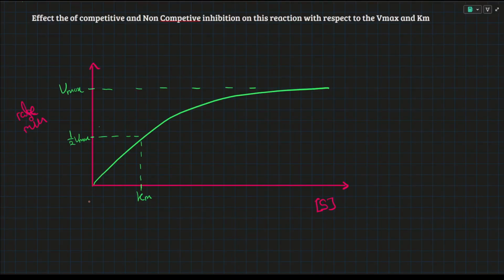You don't have to draw very specifically. You will not be asked to draw, but you will be provided this graph and asked to evaluate things. So let me draw this. Green would be for the normal reaction. Orange is going to be for the competitively inhibited reaction.